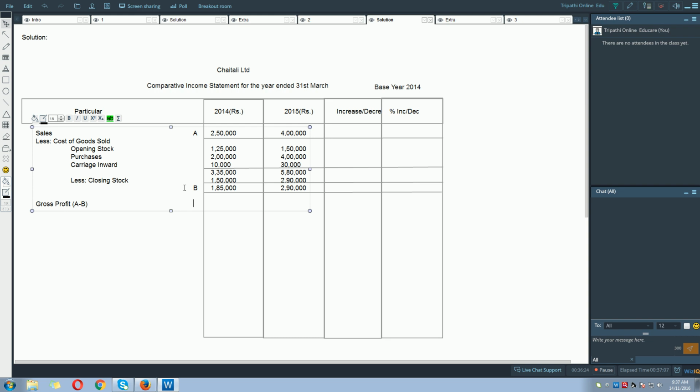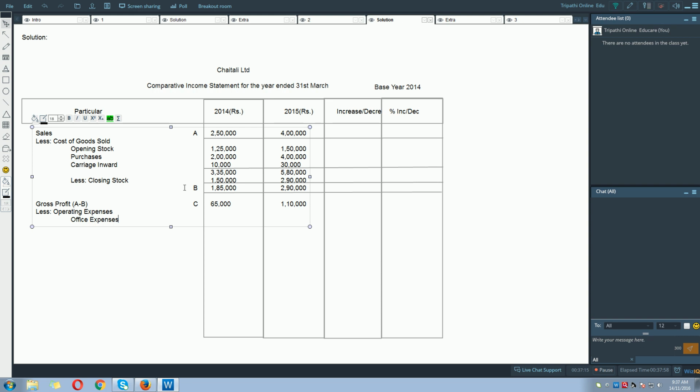Okay. Next, we'll have to calculate gross profit, which will be A minus B. So we will number this as C. So let us calculate. 250 minus 185 will give you 65,000.